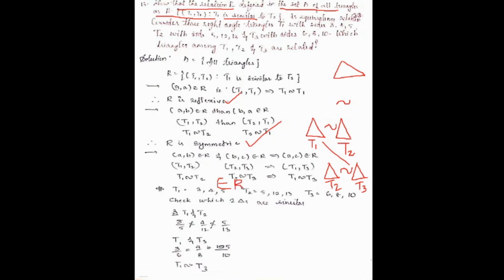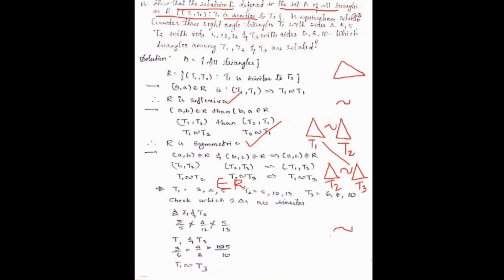Is it clear? See, when we prove two triangles similar, the sides are proportional and the angles are equal.